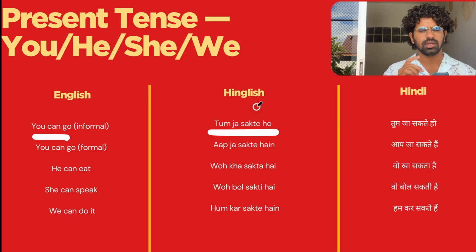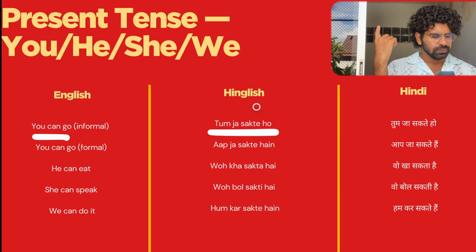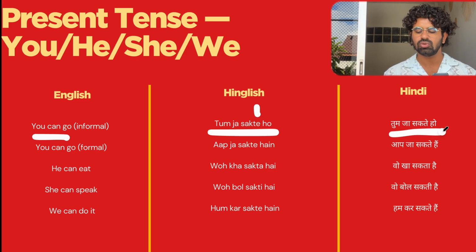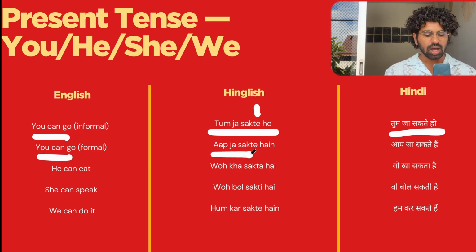It's an interesting thing to know that whenever you are using I, masculine or feminine, you would use sakta or sakti. But when you use you, we, they, or anything plural, then we'll always add e, which means a, right? So tum ja sakte ho. Same thing here in Hindi. Tum ja sakte ho. "You can go" is आप जा सकते हैं.